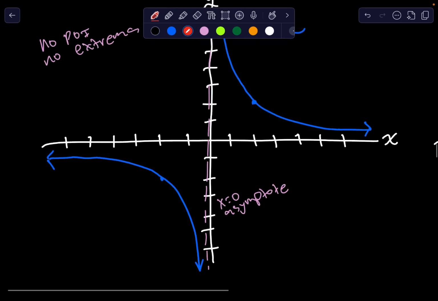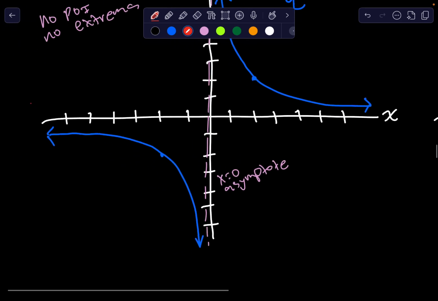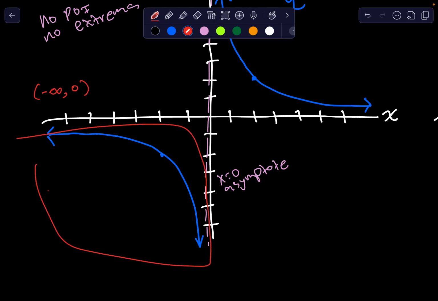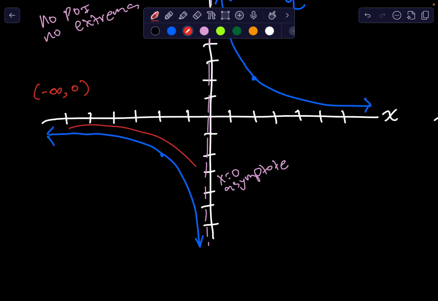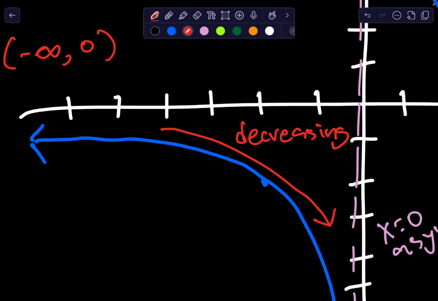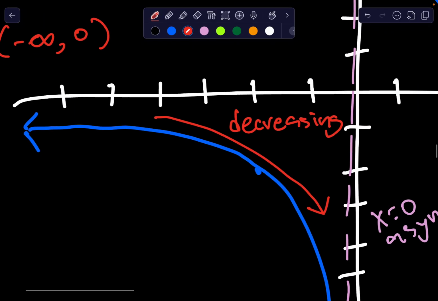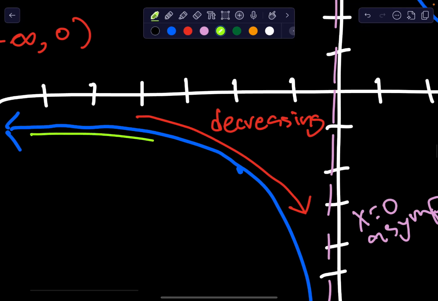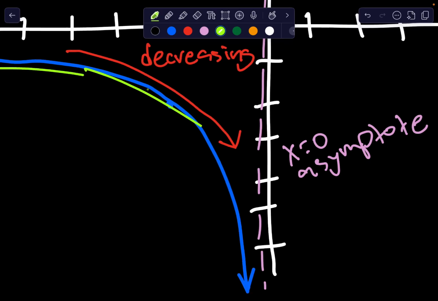So as we see, if we start from left to right, let's think on the interval from negative infinity to 0, basically this entire section right here, our graph seems to be decreasing, which means we have a negative rate of change. If we draw a bunch of slope lines, that looks like a negative slope.